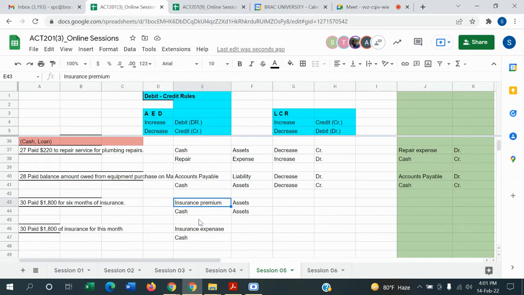Can you remember when we differentiated or defined asset and expenses? We gave an example regarding salaries. If we pay salary in advance for the next couple of months, how should we write it down? We are not going to receive that amount from our employee.